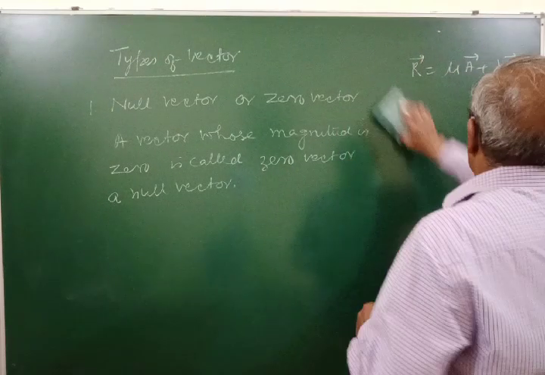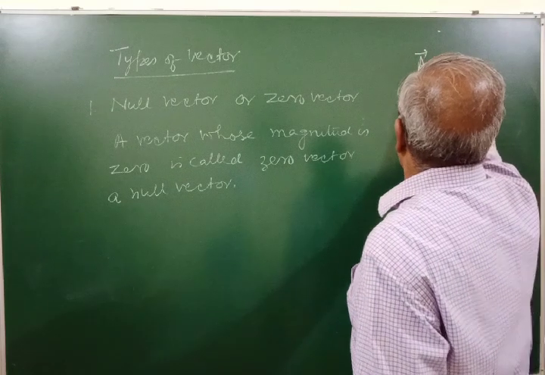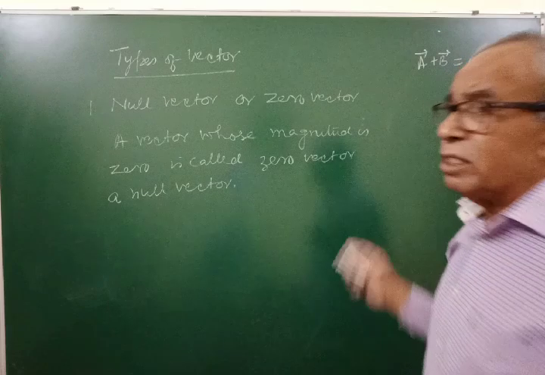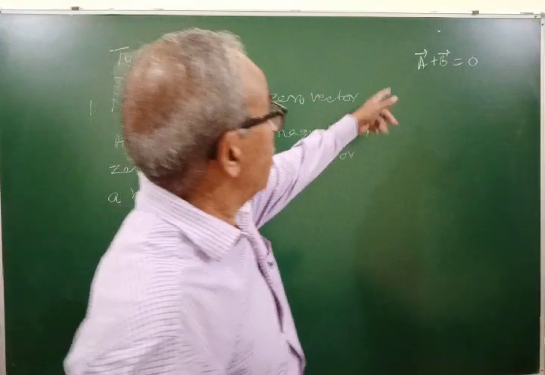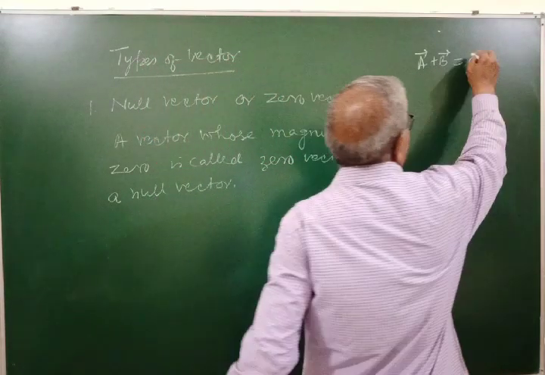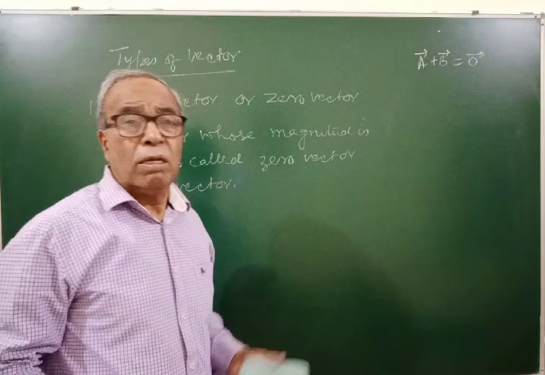Sorry. If I say vectors A and B are there and their sum comes 0, if I write 0 like this, it is wrong, because A plus B represents a vector quantity. So the right hand side should be a vector, so we use 0 with an arrow over it.